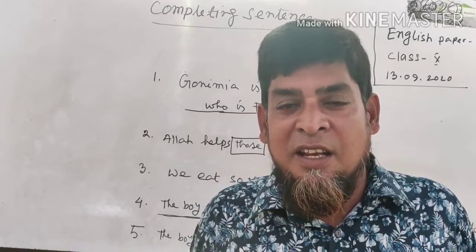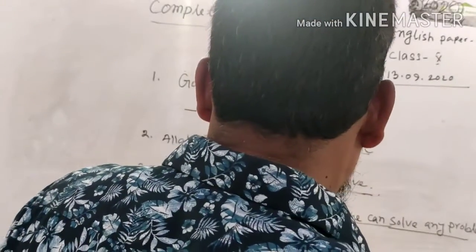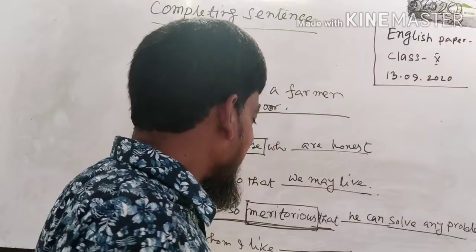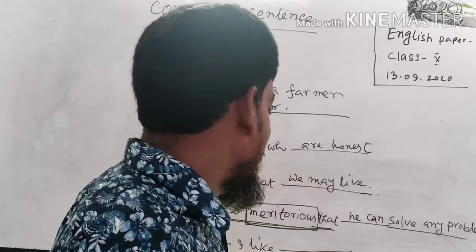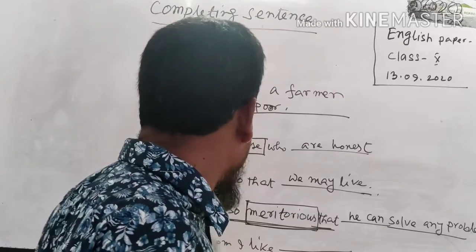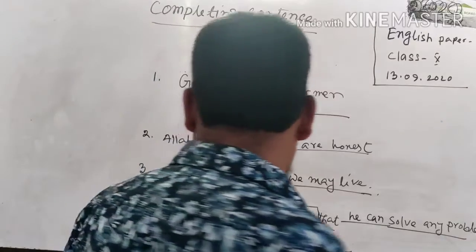Those are negative sentences, so the answer there is negative. Here the answer will be positive: the boy is so meritorious that he can solve any problem.